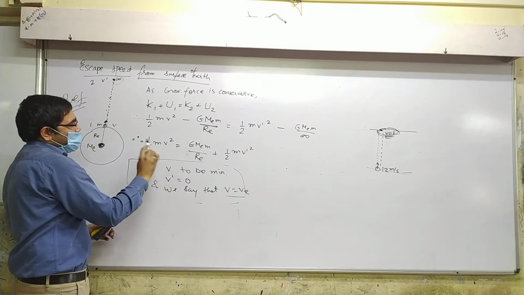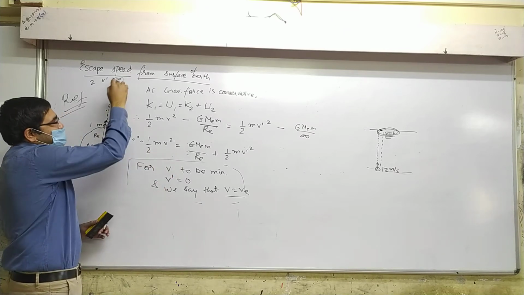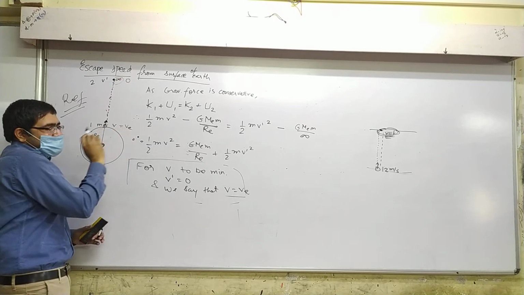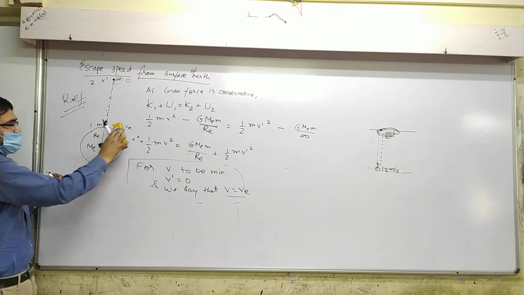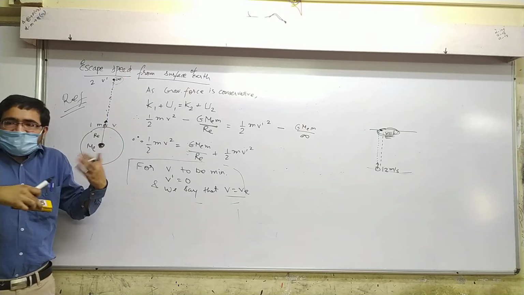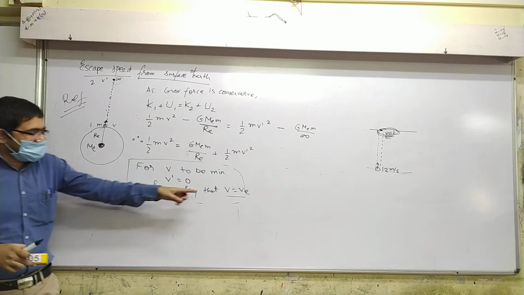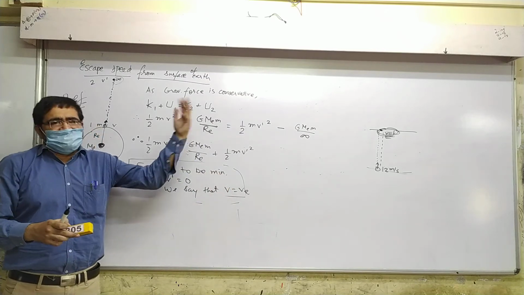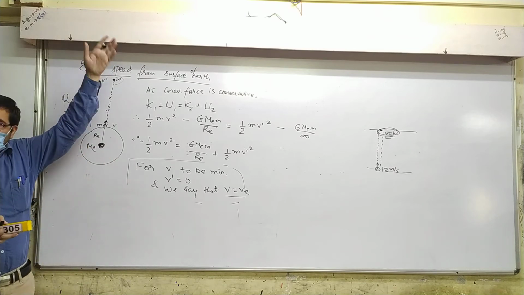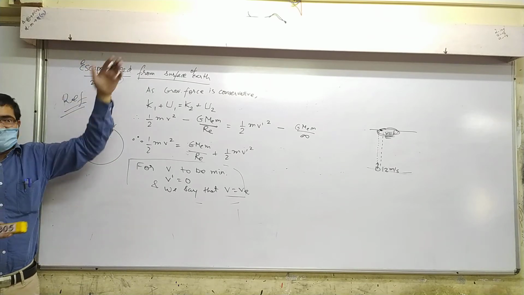But then for minimum speed, we should have 0 speed here, and here the speed is going to be V. What if the speed is more than that? Suppose the speed here is more. Then it will still not come back. You understand why?